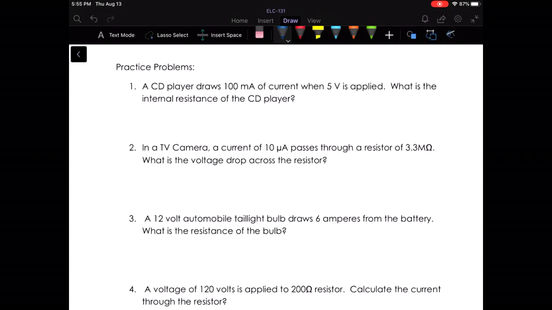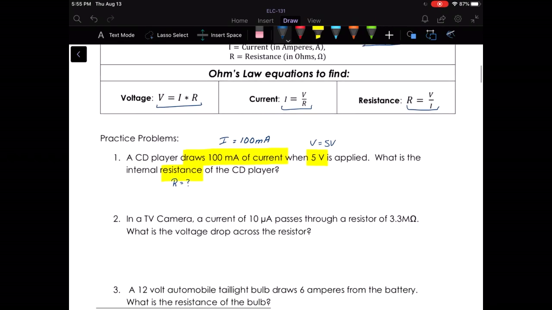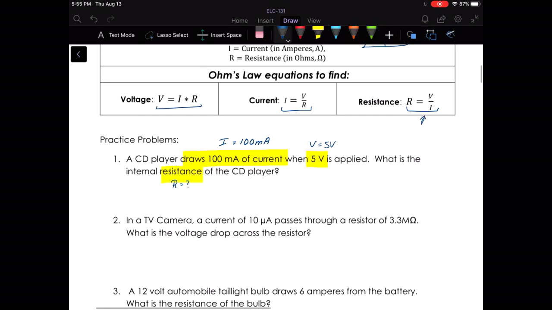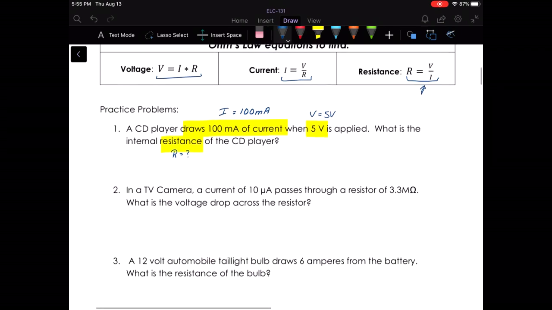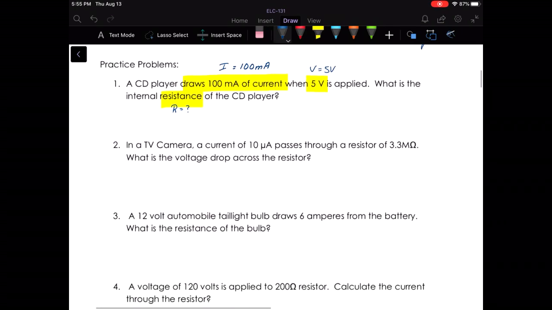We have a CD player that draws 100 milliamps of current when 5 volts is applied. What is the resistance? Okay, so we have that I is equal to 100 milliamps, V is equal to 5 volts, and we're looking for the resistance. So we could just use this equation right here, R equals V over I. Make sure you're using the equation correctly.